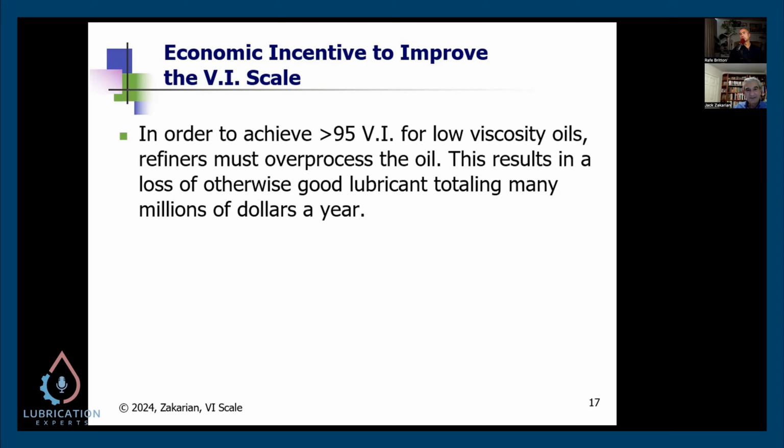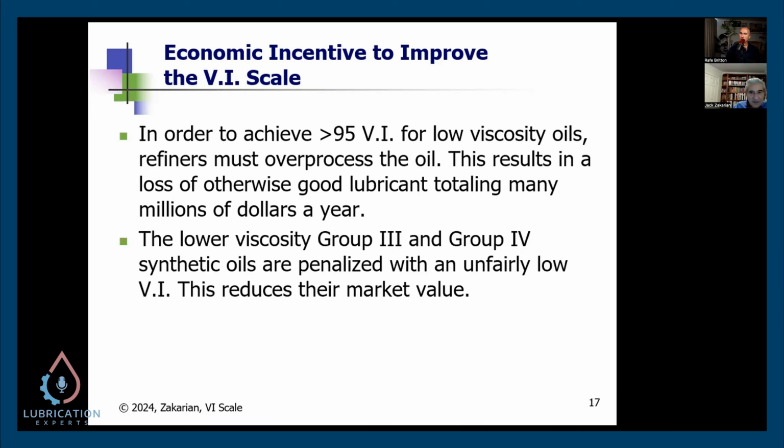So you have to process the 85 up to 100. That moves the medium neutral from 100 up to about 115. So that actually results in a loss of yield, loss of oil, because in the course of processing, you lose lubricant base stock. And that totals many, many millions of dollars a year based on current processing.